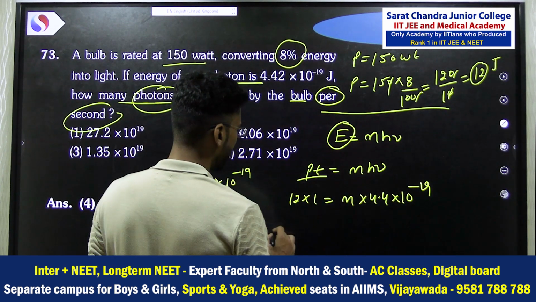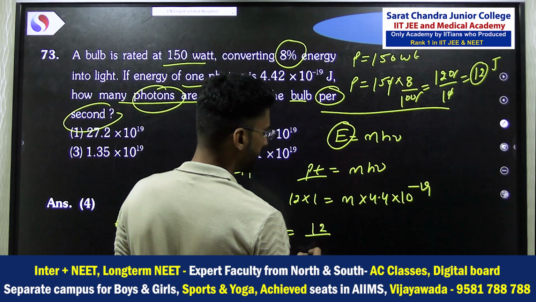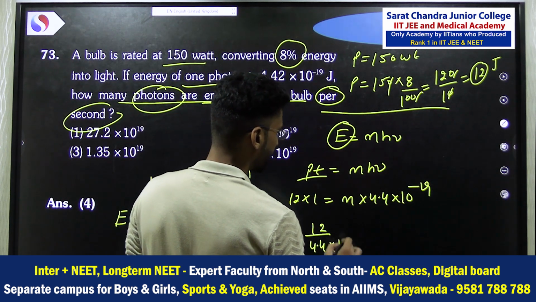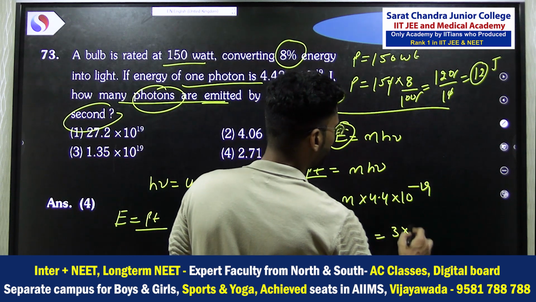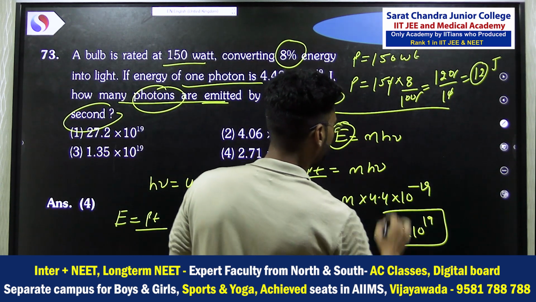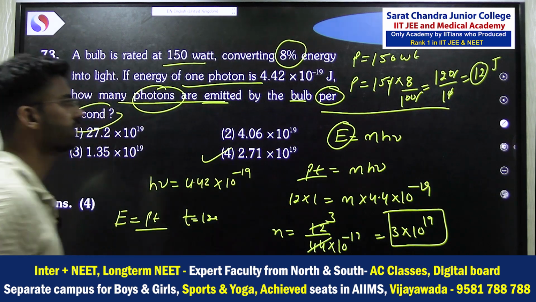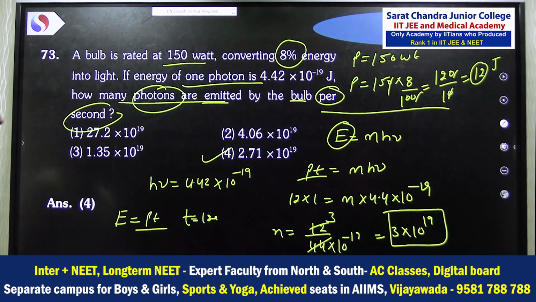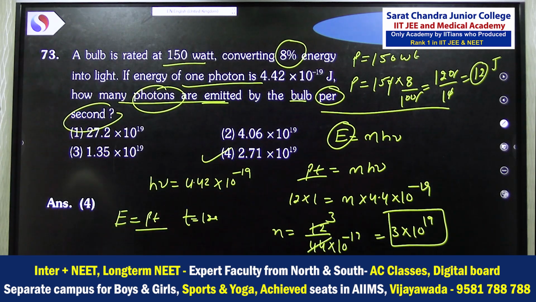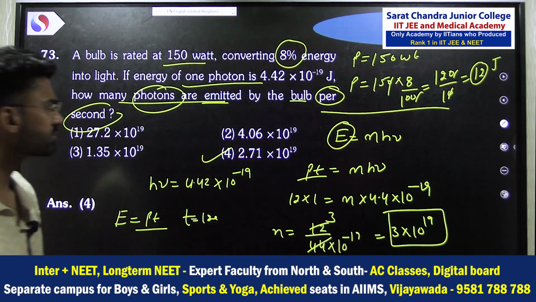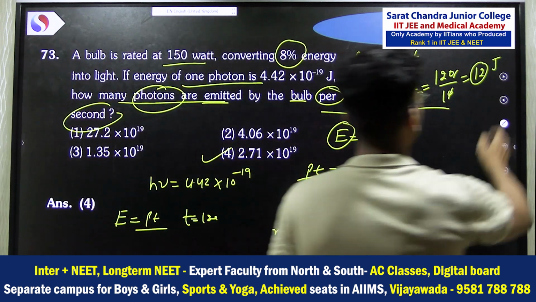If you solve, N will be equal to 12 divided by 4.4 into 10 raised to power minus 19. This is approximately 3, so 3 into 10 raised to power 19. Your nearby answer is 2.7 only, because this is 4.4; if you do it exactly, you will get 2.7. So option 4 will be the correct answer.